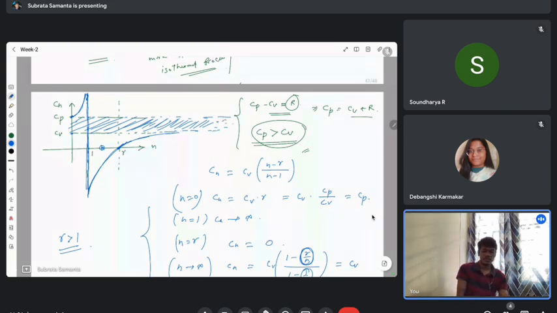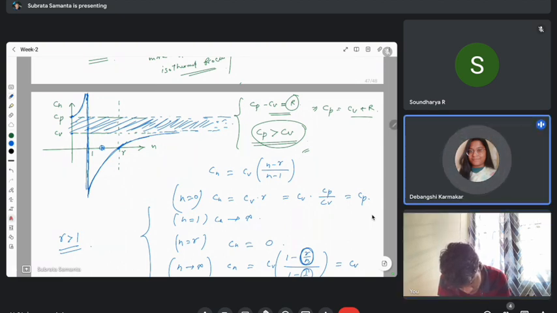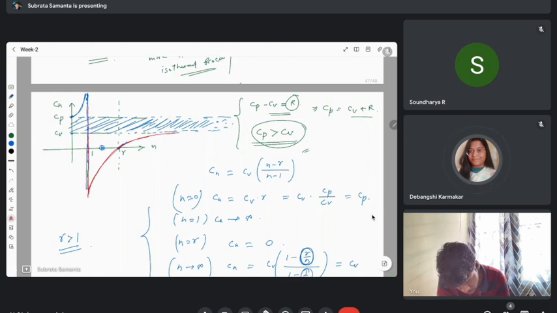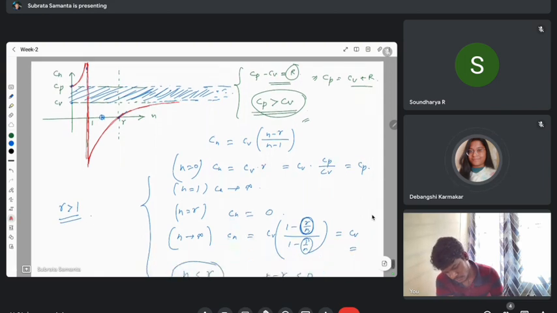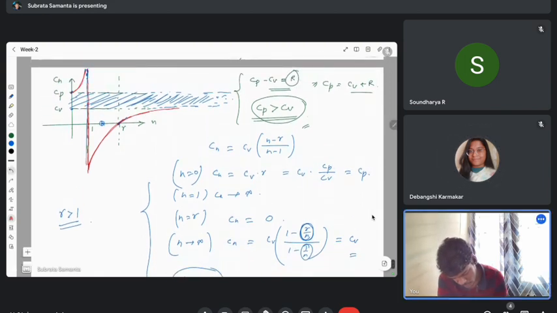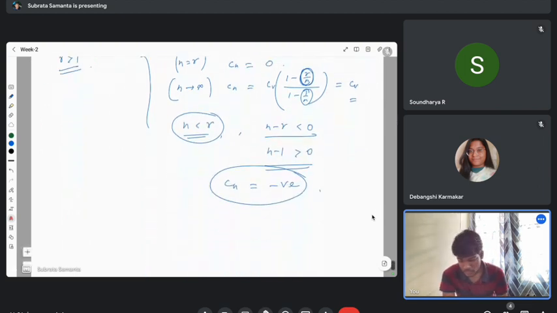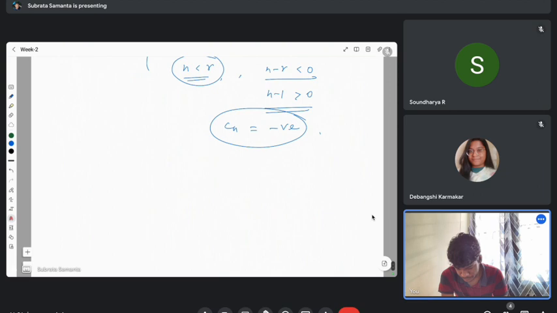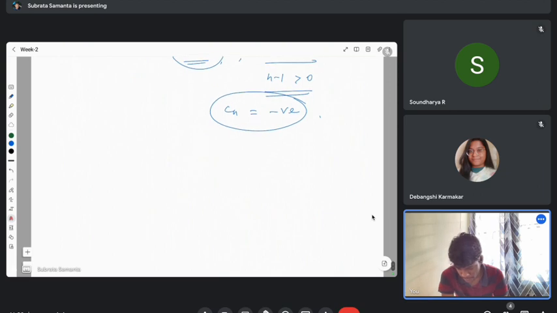So this point is clear or not? So next we calculate, what things do we have to calculate?